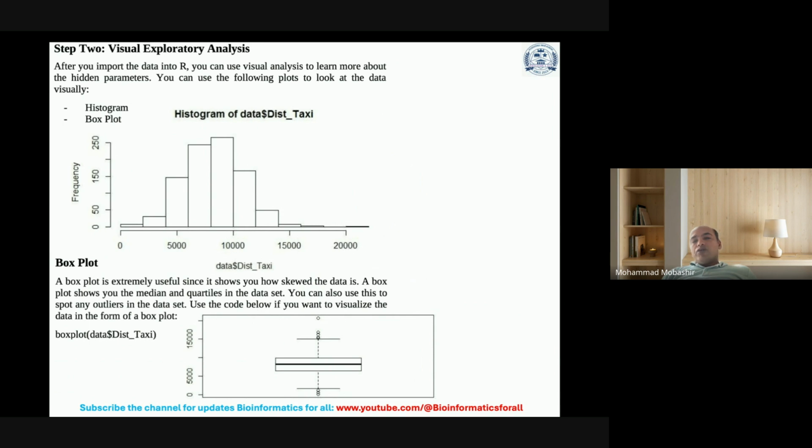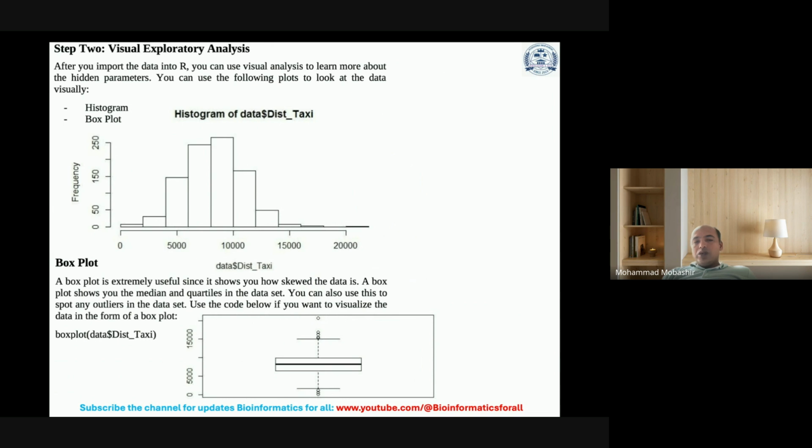Then some of the results you could also plot as a histogram or box plot. So this is representing the histogram. This is just to understand the frequency of certain values, how many times they are appearing. Something you can see here, 10,000. And then the box plot is another way of representation.